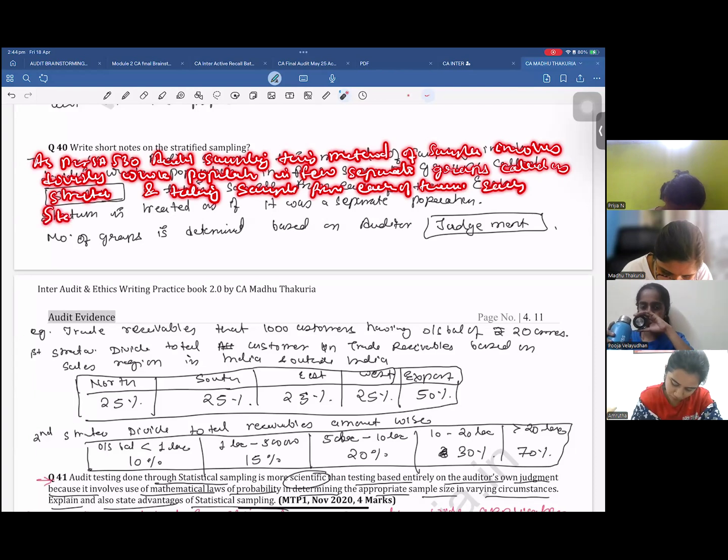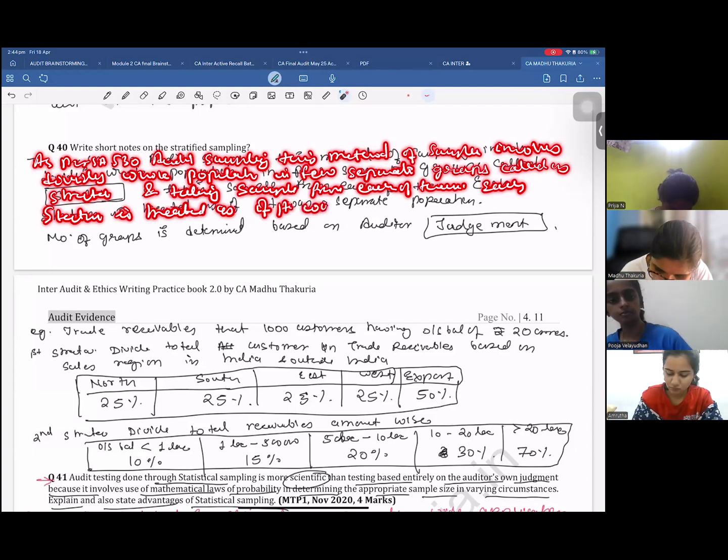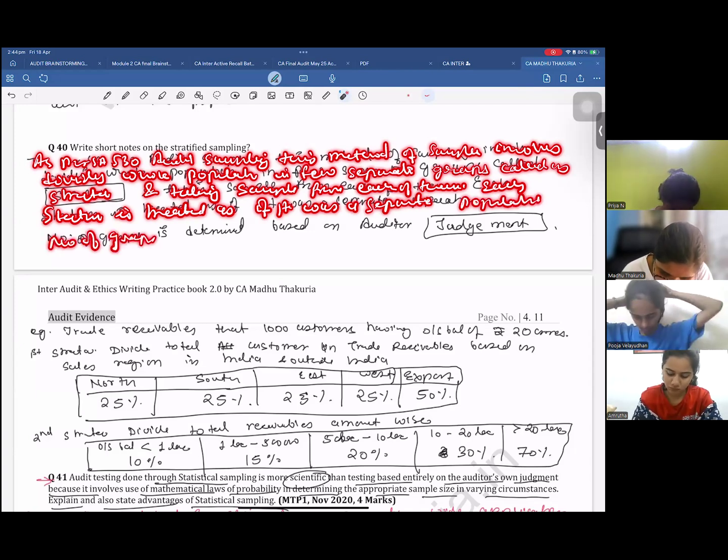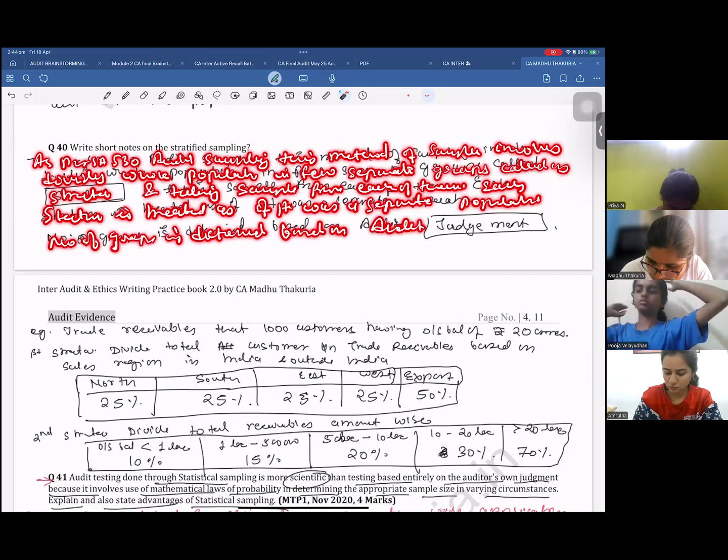Each stratum is treated as if it was a separate population. The number of groups is determined based on the auditor's judgment.